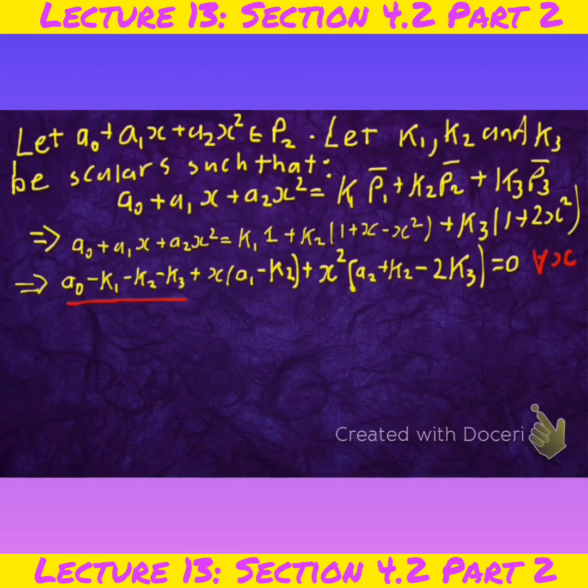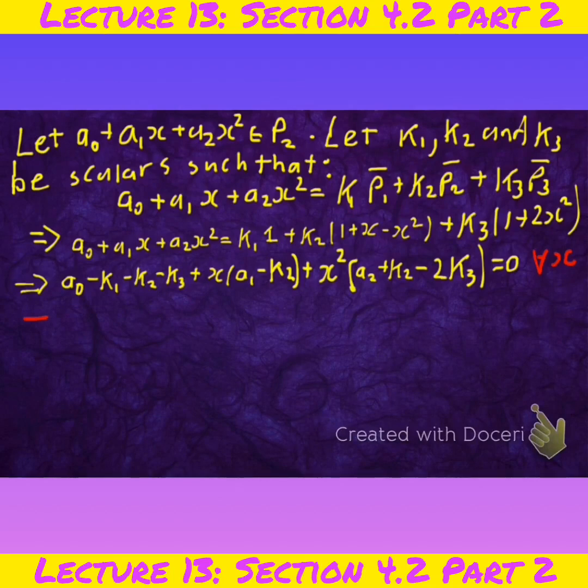Now, if this is not 0, then we've got a nonzero polynomial on the left-hand side and a 0 on the right-hand side, and that's impossible. So this thing has to be 0 as well.